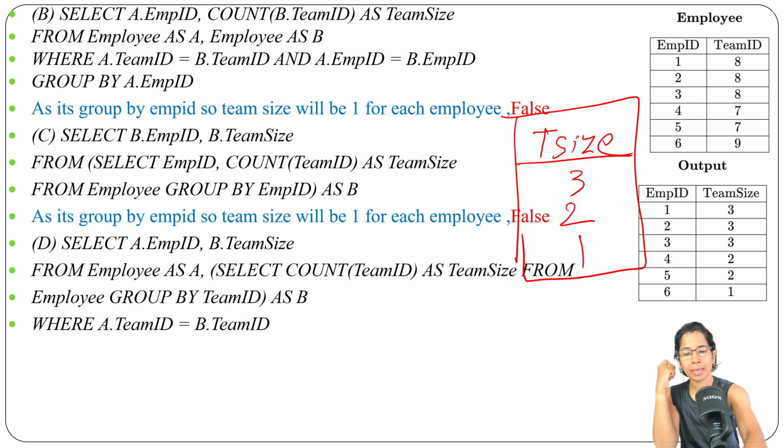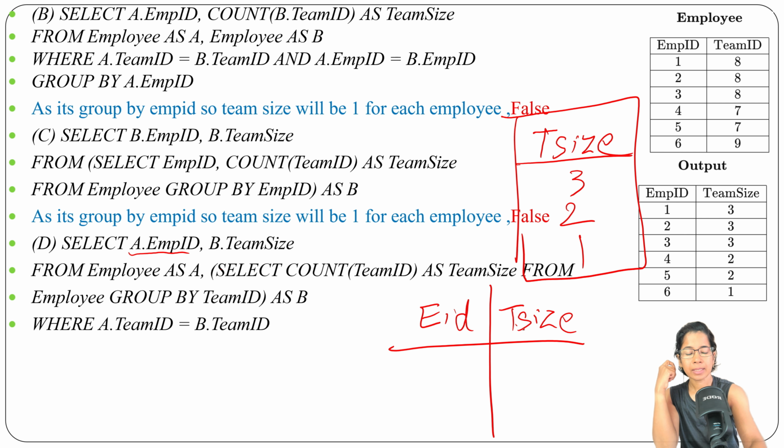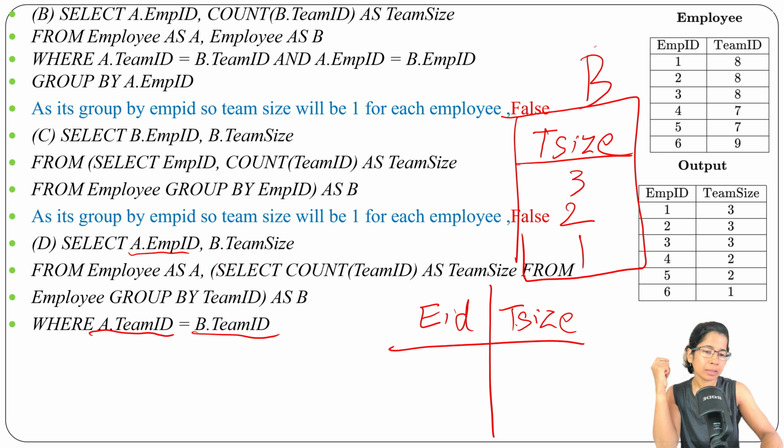Next, where A.team ID equals B.team ID. In the outer query output there will be employee ID and team size. To get this team size for each employee, we need to compare A.team ID equals B.team ID. This is our B. But in B, there is no team ID. In the inner query output, it's just showing team size.